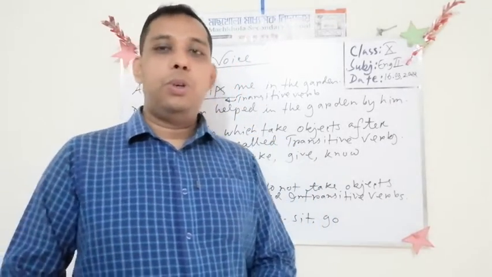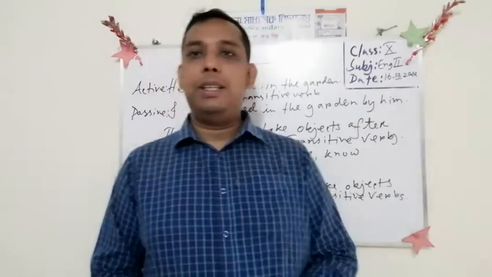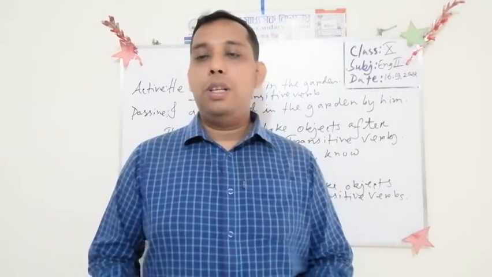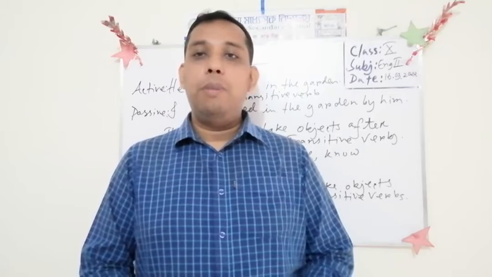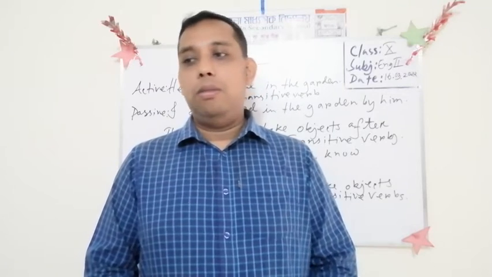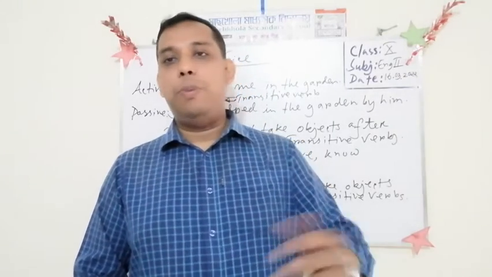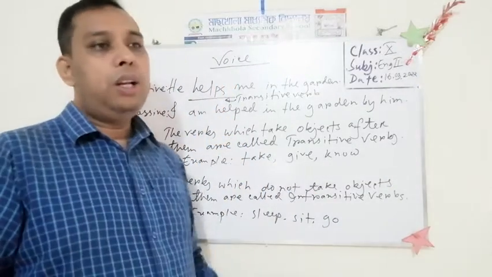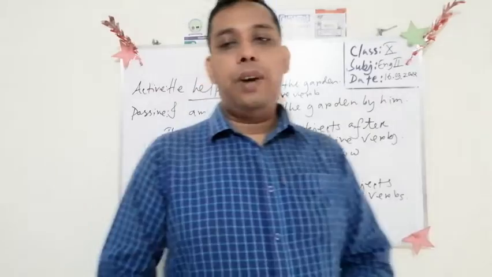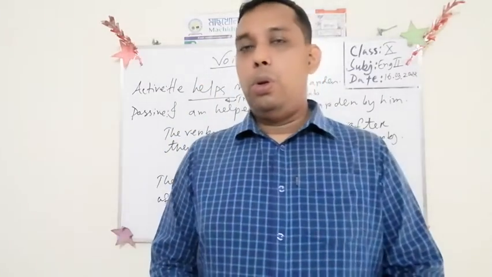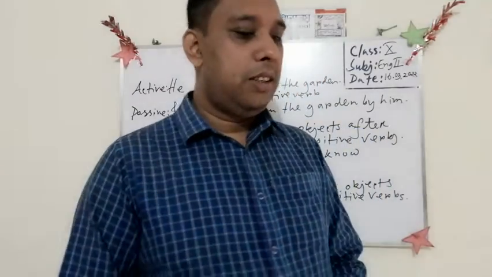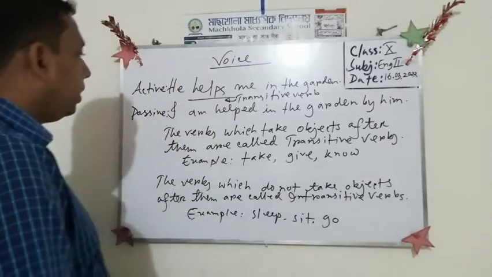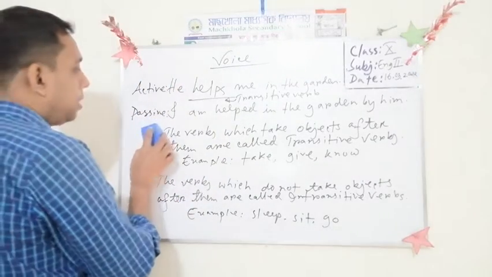If there is no object in a sentence, then for this type of sentence we cannot make the active one into passive. So that's why we need to know it. Later on we will try to find out how to look for the object in a sentence. Okay, let's move to another part of our discussion.